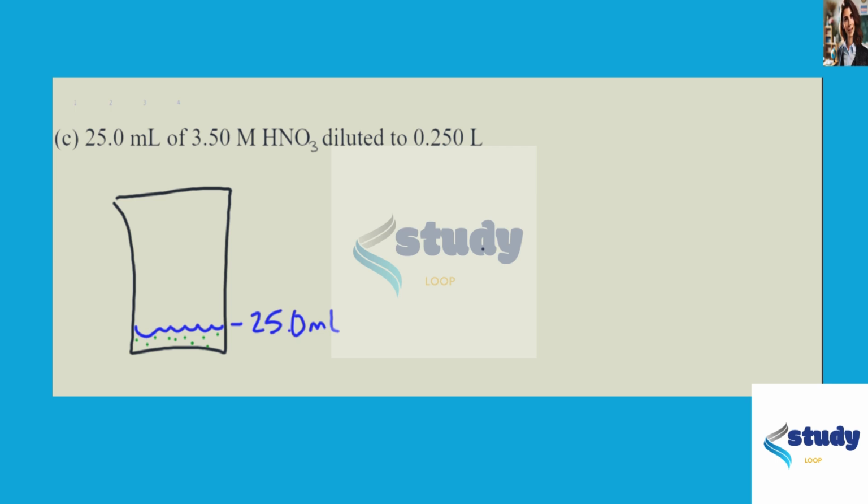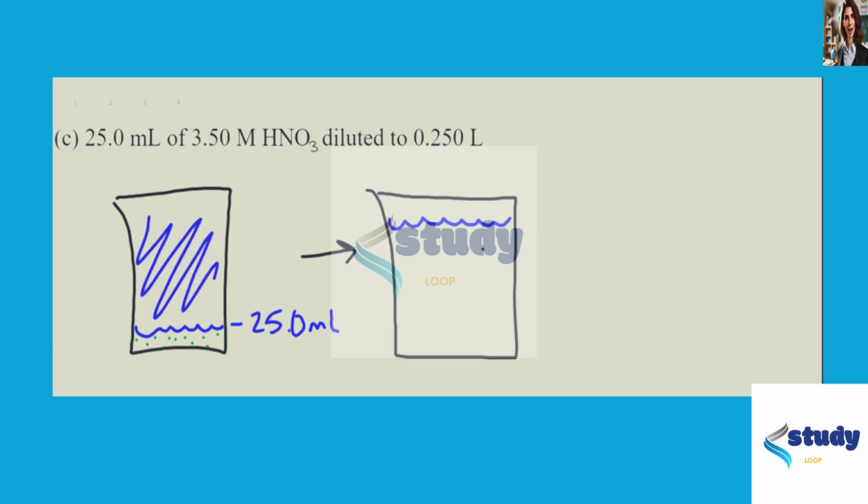And what we're going to do is we're going to dilute this by adding just water. We're not adding more solute, we're just adding water to increase the volume. So when we do that, we're adding all of this water, but we're keeping the number of moles of solute, the amount of nitric acid, the same.